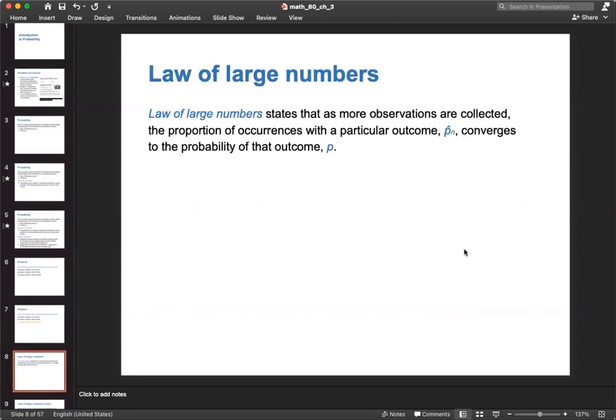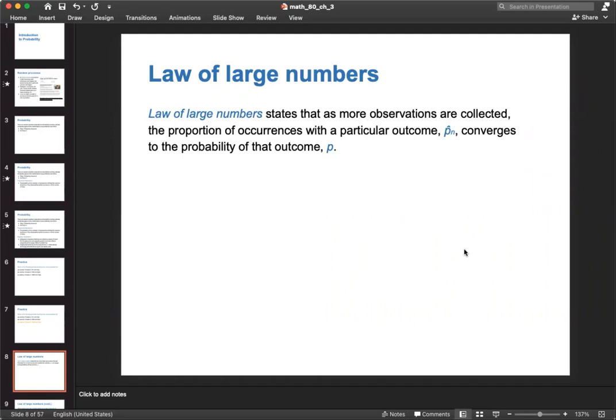Okay, law of large numbers, the standard thing, LLN. It basically states the following: the more observations that are collected, the proportion of occurrences with a particular outcome, they call it p-hat n, converges to the probability of the outcome. That's all it is.